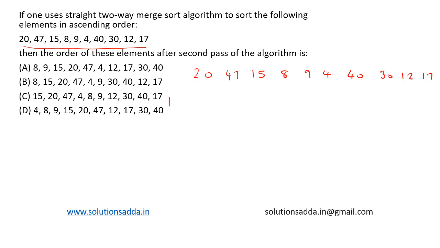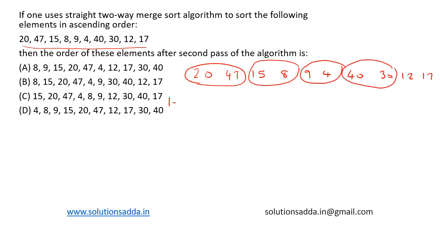After round 1, we iteratively sort it, and the array will be divided into n by 2 sorted lists. Since it's two-way merge sort, we first sort these two elements, then these two, then these two, and finally these two.